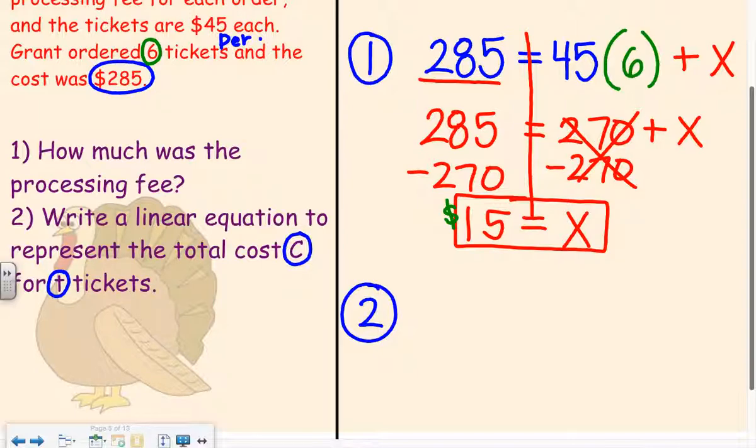So pretend we don't know anything about the 285, and we're going to replace that with the C. Then we pay $45 per ticket, so 45T, and now we know our processing fee is $15. So C equals 45T plus 15.